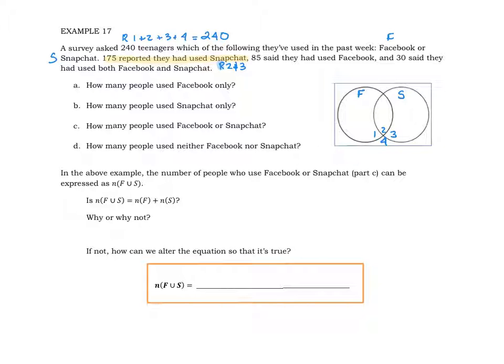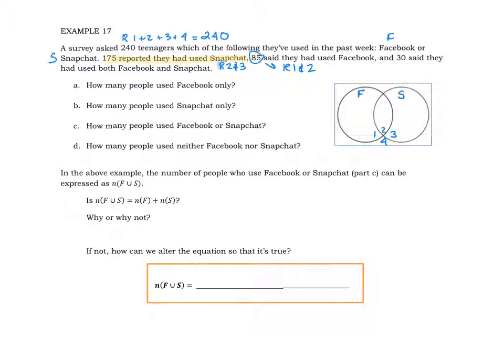Since it's both of those regions together, I don't have any place to put that 175. Remember, regions 2 plus 3 should be 175 when you add them together. Similarly, 85 said that they use Facebook, so that 85 will be referring to regions 1 and 2.